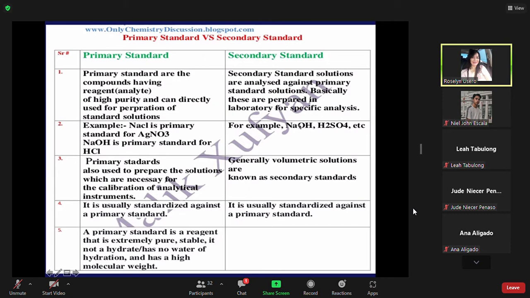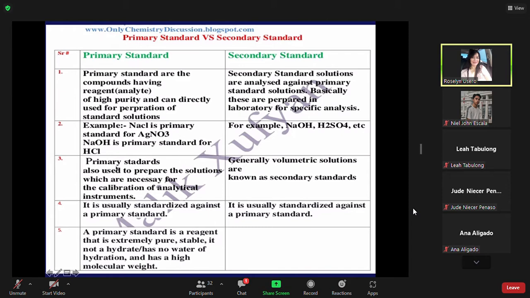For sodium hydroxide, the acid is sulfuric acid, which is standardized against sodium carbonate. Anyway, in actual, you will learn it in the lab, because it is hard to explain what you haven't seen. We also have acid-base titration as part of the lab activity. It will be explained to you. Okay? Just be familiar first with the terms.